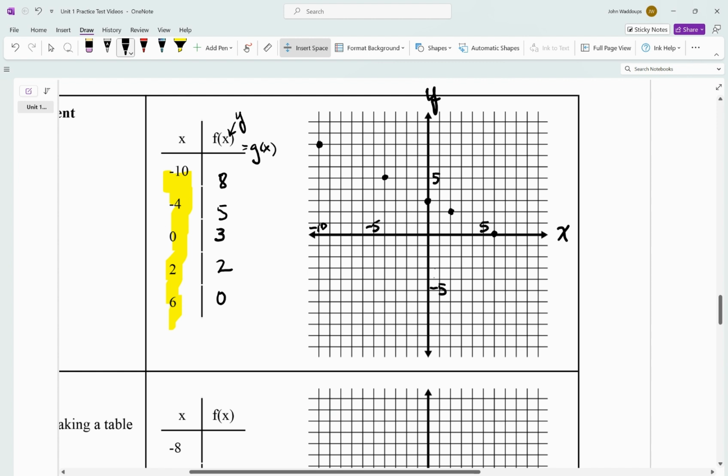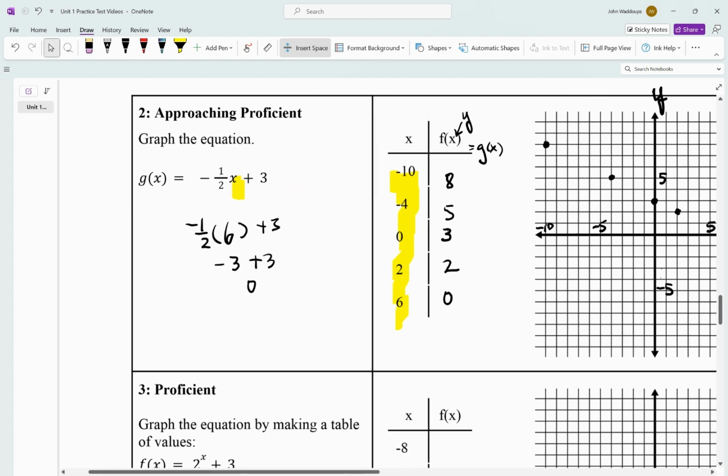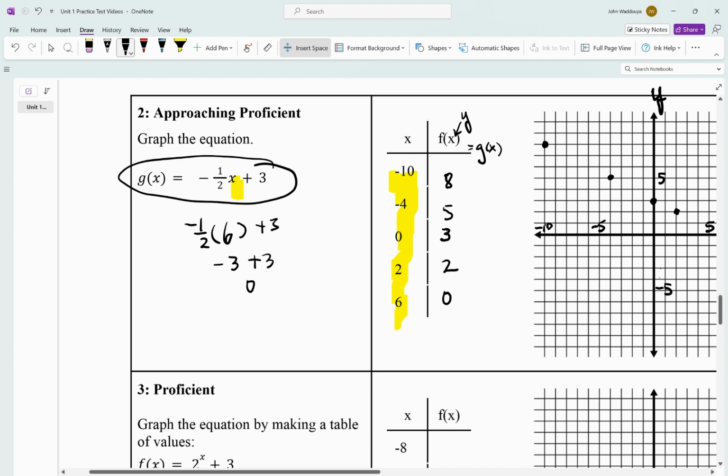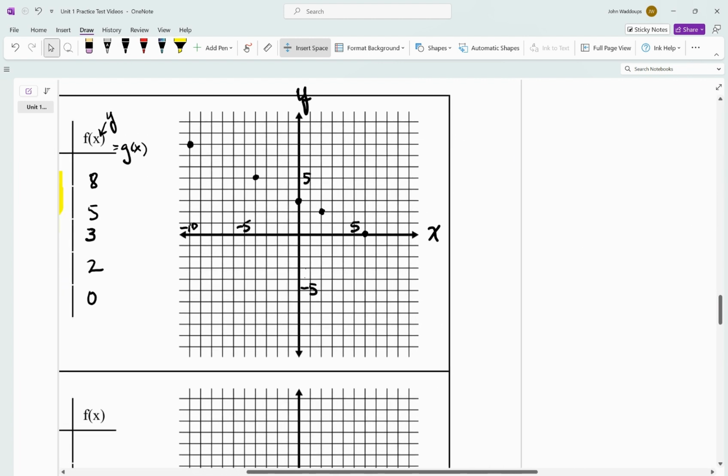And so these points should all be in a straight line because this equation is a linear equation, which means that its graph is a straight line. And so I just go in here and try to connect all of these dots. This goes kind of like that. This goes down in that direction.